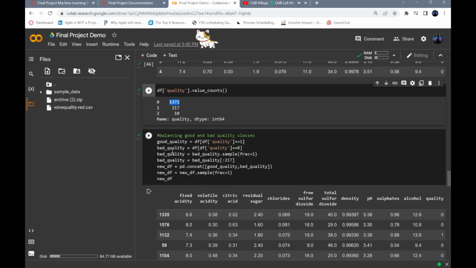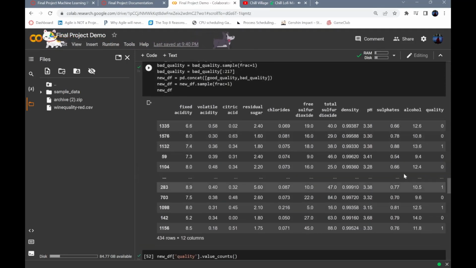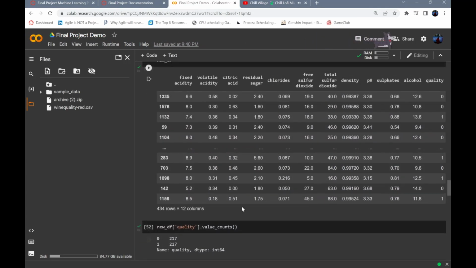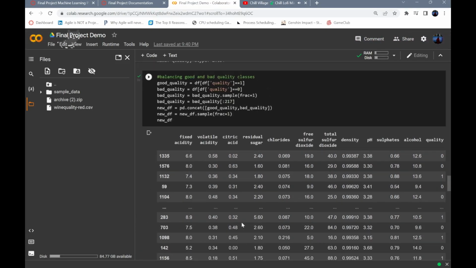Now we balance this all, dropping the best quality. We were only focusing on the quality. Now in our table here, there's 0 and 1. 1 is good quality here. Now if we count it again, it's now balanced, 217 and 217. You balance it by assigning the good quality and bad quality to respective 1 and 0.